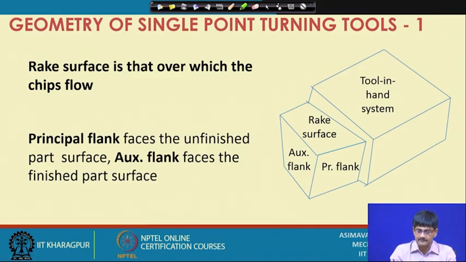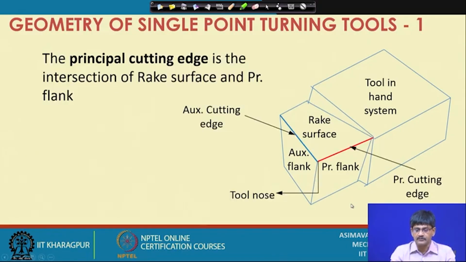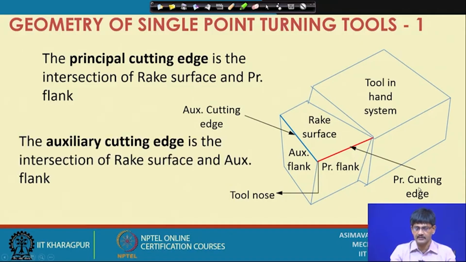So, after that we come to the definition of the different edges which are present and the different points. Once we have two planes intersecting, their intersecting edge can easily be identified, and here we have identified the intersection between rake surface and principal flank as this red line, and we have named it as the principal cutting edge.